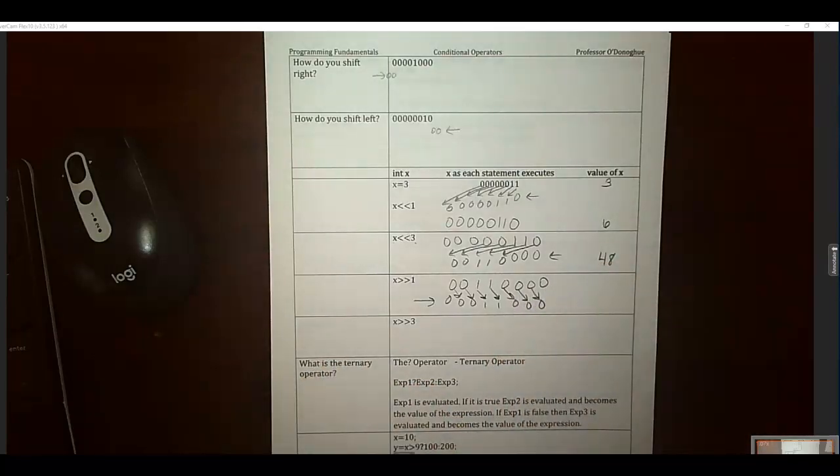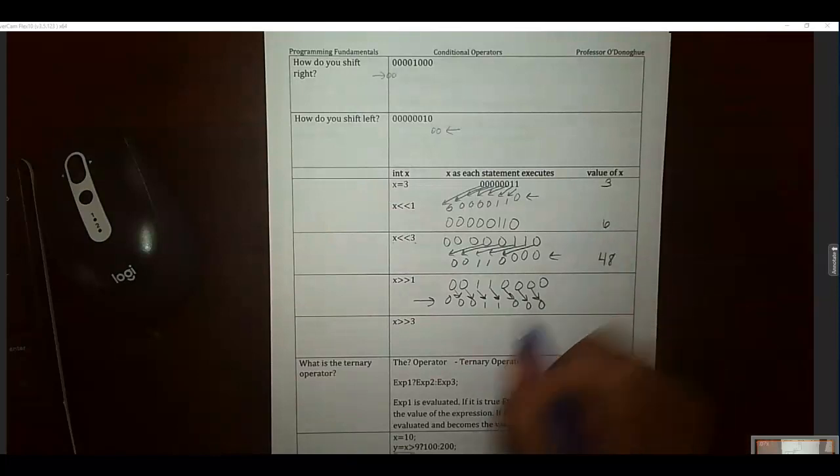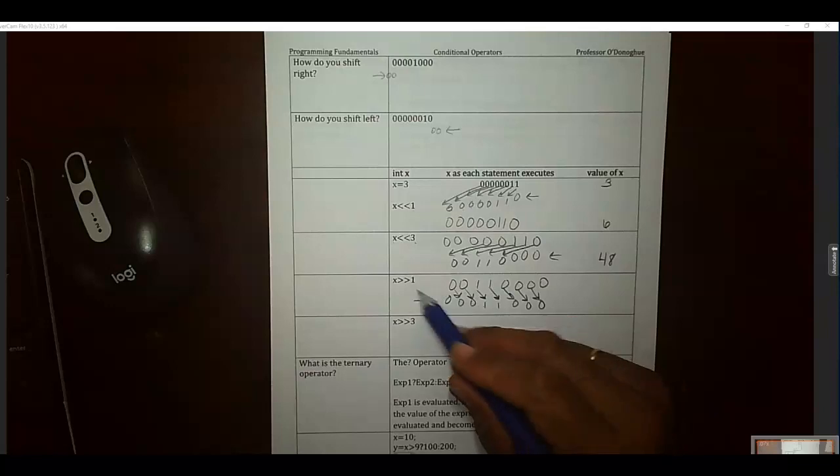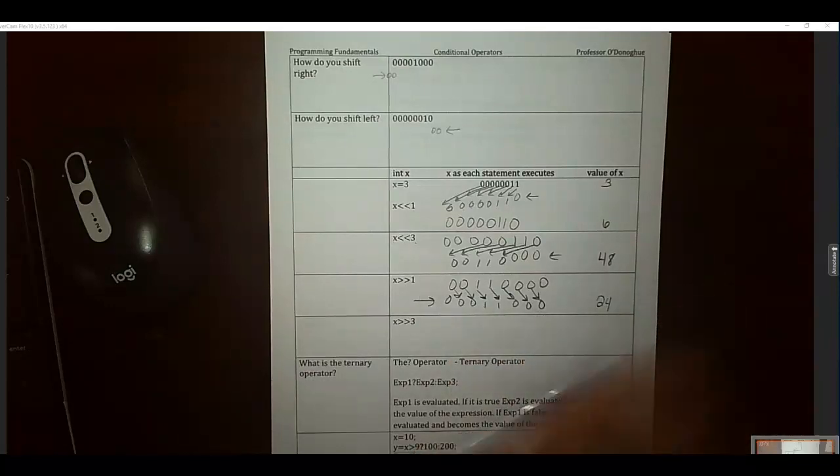And that number just falls off. Okay, so now we have a new number, and the value of this number is 24, because if you shift to the right, you divide by 2. All right, so this is 24.